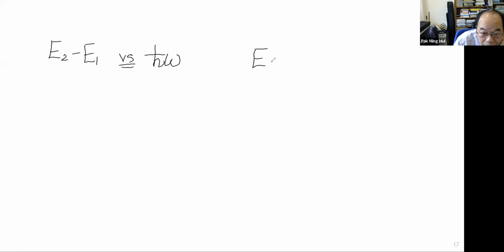So we worked out that there is something E2 minus E1, and it is to be compared with h bar omega. All right, and then you see this kind of factor.